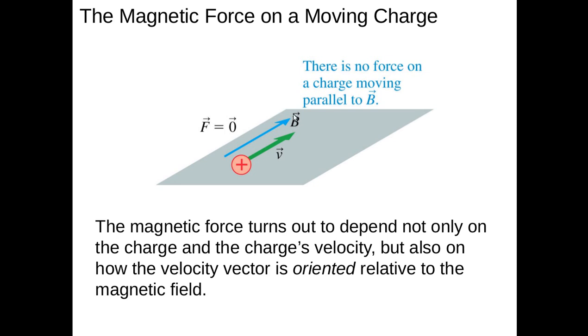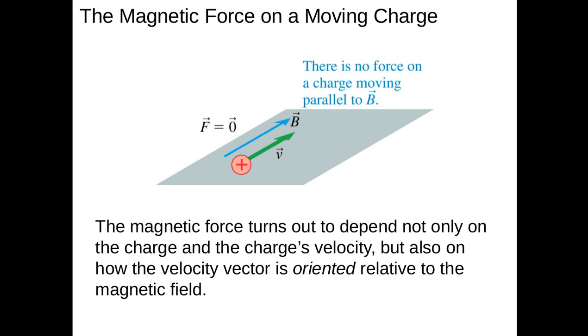So it's a vector, and if we have a charge in that magnetic field, the first thing we notice is that if the charge is not moving, there's no net force. If the charge is not moving, the magnetic field does nothing to that charge.